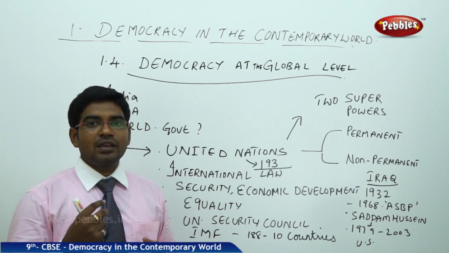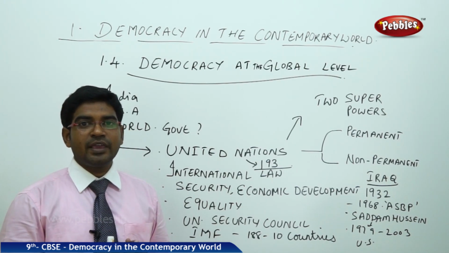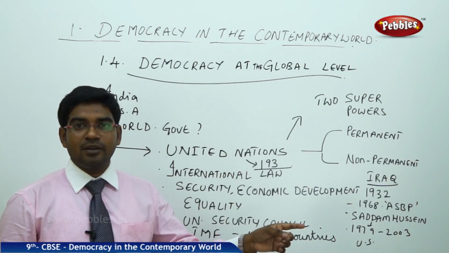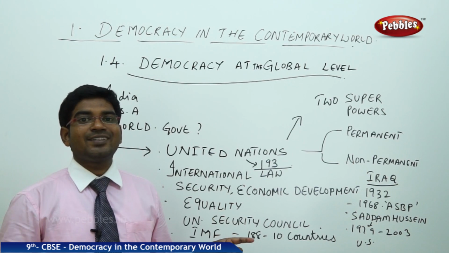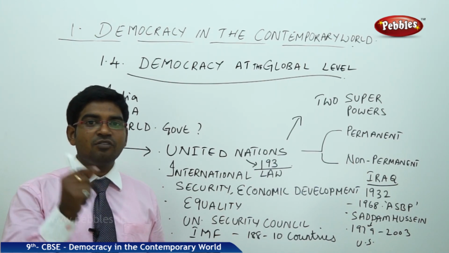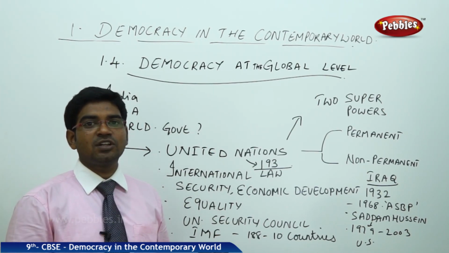later UN Secretary Kofi Annan criticized, saying that the US attacking Iraq is illegal. This means that in order to establish or propagate democracy, we need not wage a war against an existing country which has a certain set of rules.